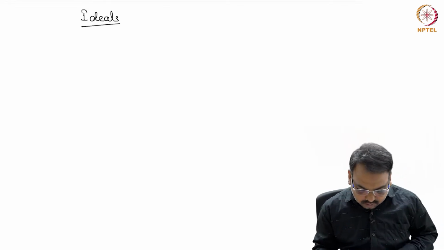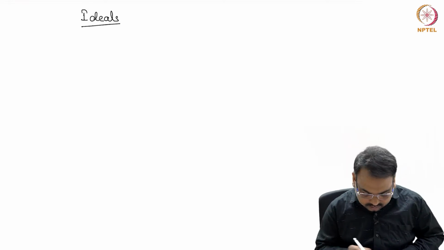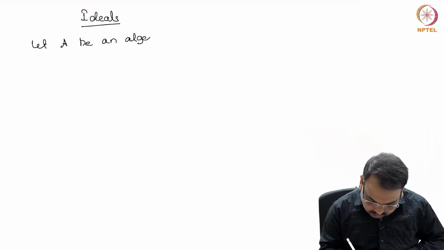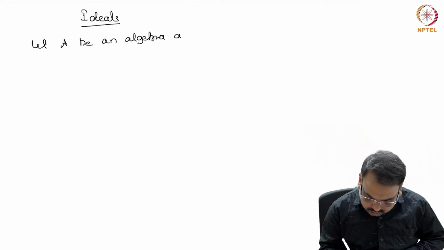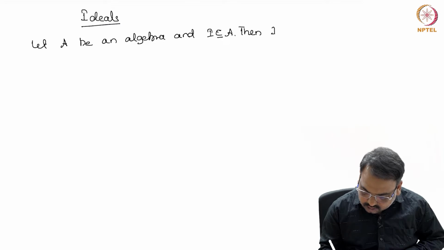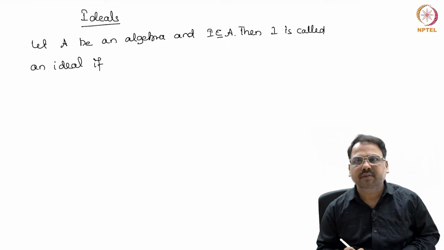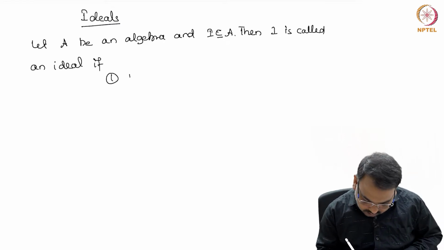Okay. So let us look at the definition. Let A be an algebra and I a subset of A. Then I is called an ideal if, first, I is a linear subspace.